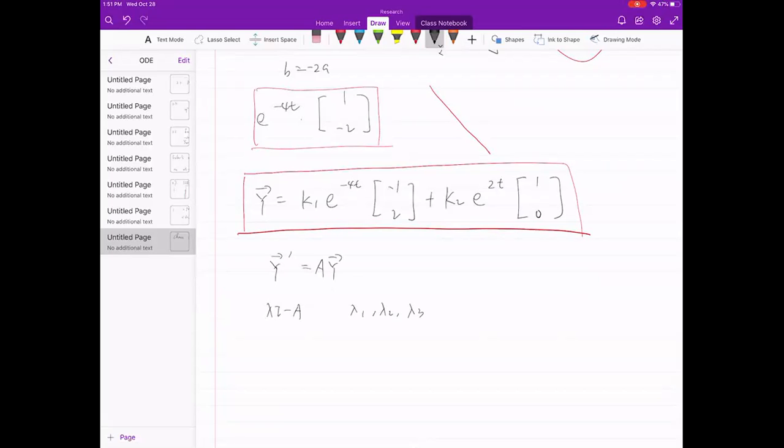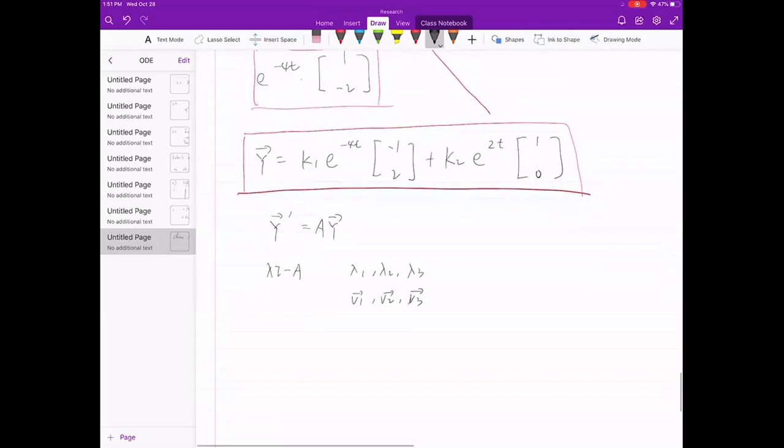Sounds good? 3 eigenvalues give you 3 eigenvectors, V1, V2, and V3. Okay, then what's your solution? Your solution is going to be K1 e to the lambda 1 t V1, plus K2 e to the lambda 2 t V2, plus K3 e to the lambda 3 t V3. Done.